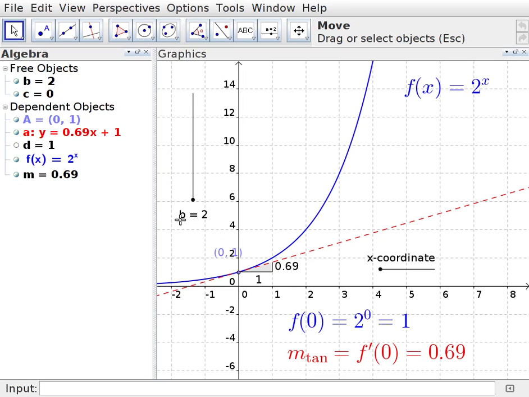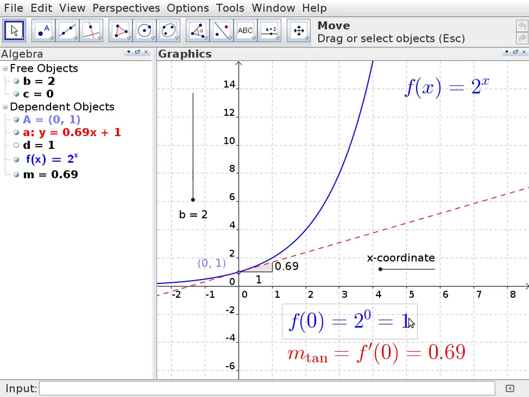So here my b value is 2, so that's my function. It's y equals 2 to the x. My x coordinate is currently set to 0, so that's the point (0, 1). And so the y coordinate of that point, which is the function value at that point, is 1. That's 2 to the 0 equals 1. And the slope of this red dotted line, which is the tangent line, is 0.69.